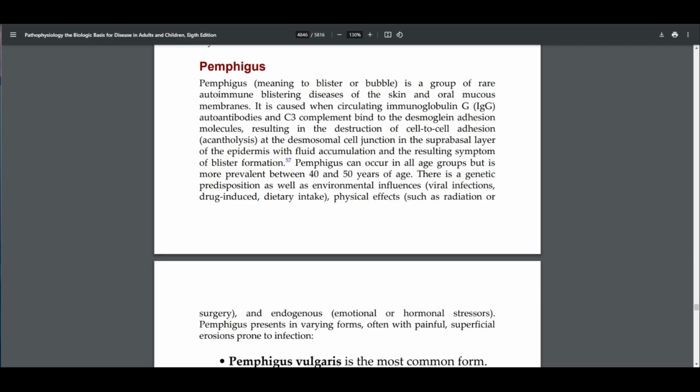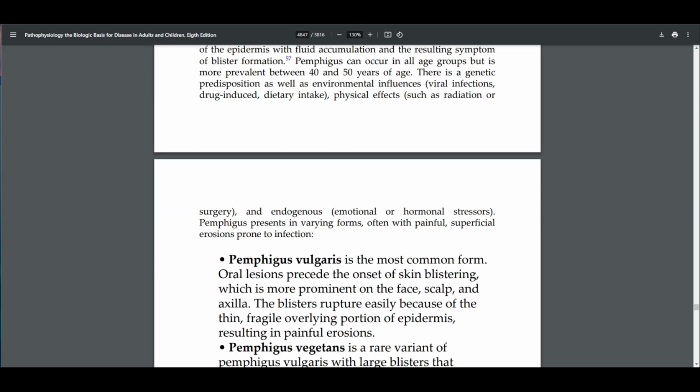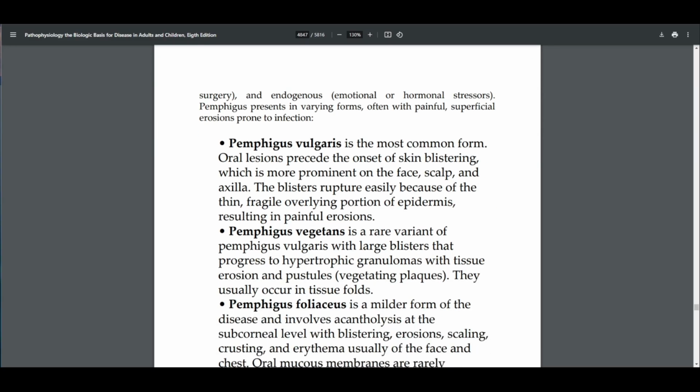Pemphigus can occur in all age groups, but is more prevalent between 40 and 50 years of age. There is a genetic predisposition as well as environmental influence, physical effects, and endogenous factors. Pemphigus presents in varying forms, often with painful, superficial erosions prone to infection.